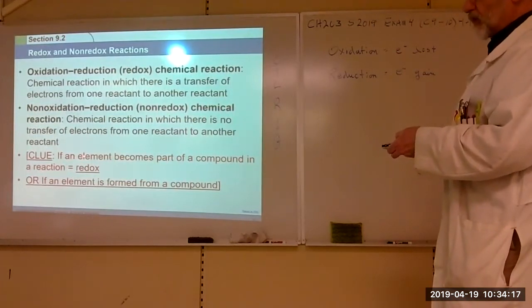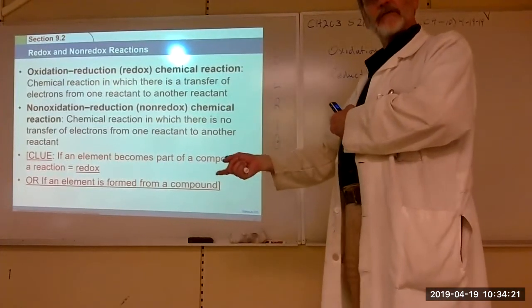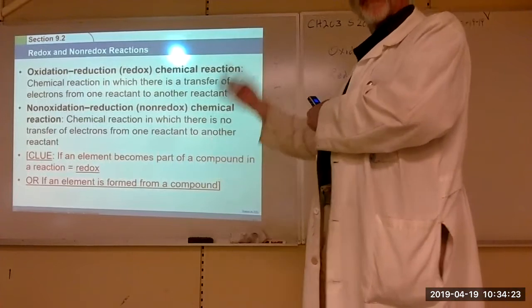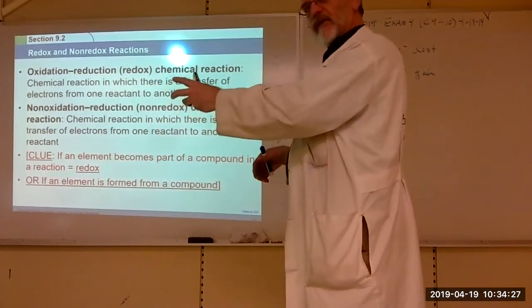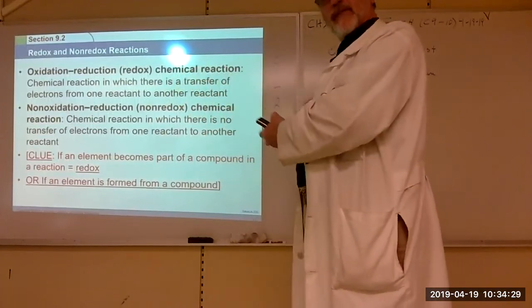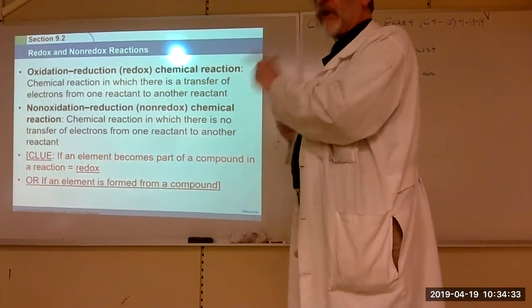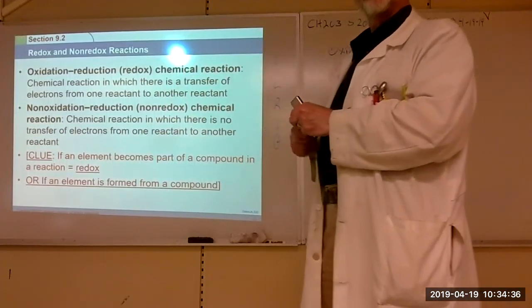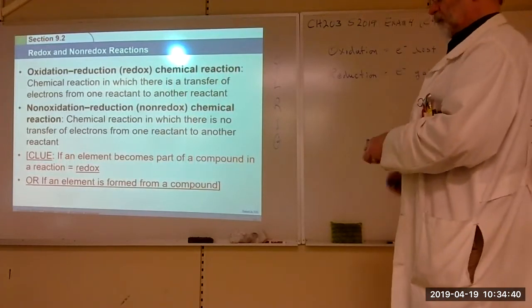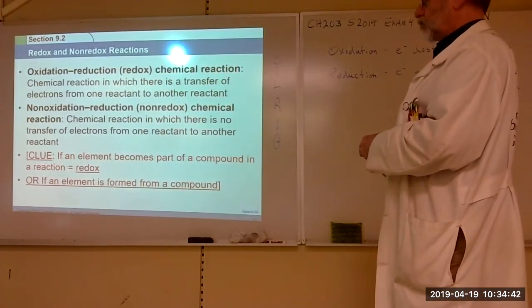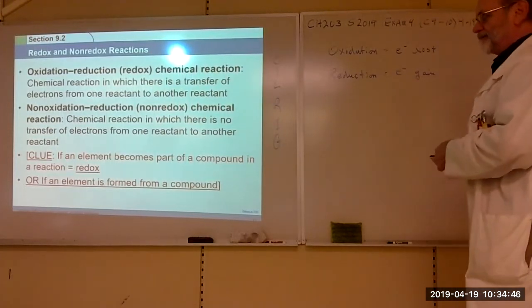If you have a reaction with an element on one side which becomes part of a compound in the products, or vice versa, if it's part of a compound on the reactant side and it becomes a product element, then that's always oxidation reduction. I'll point that out again later.